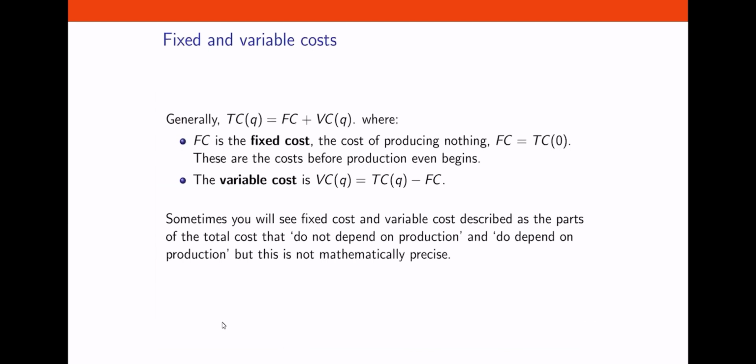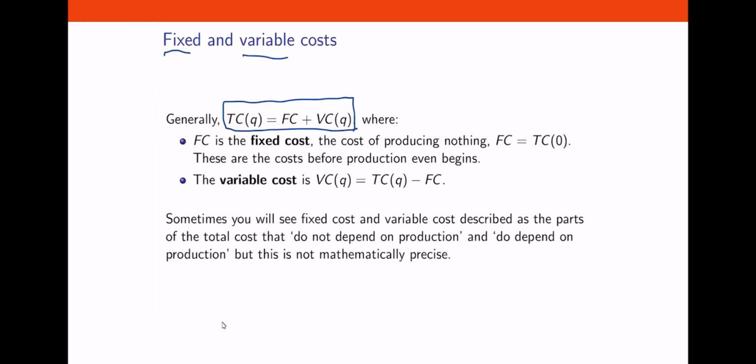Related to the total cost are two important concepts called the fixed cost and the variable cost. And the total cost is the sum of these two. So what do they mean? Well, the fixed cost is the cost of producing nothing.